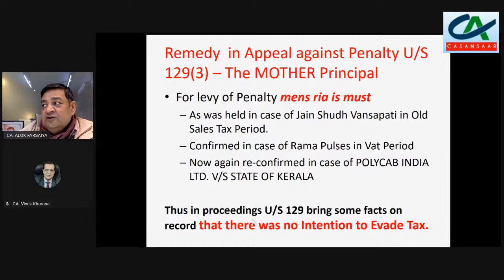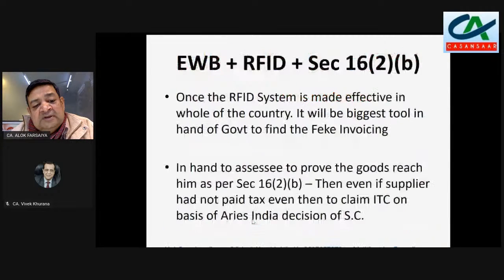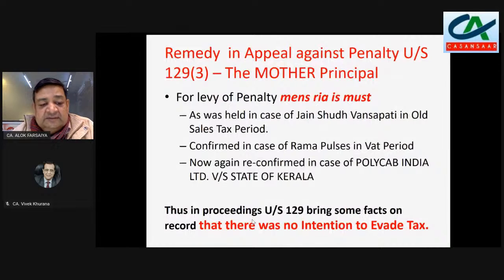This entire jurisprudence starts from the case of Jain Shuddh Vanaspati, which is a very, very old case, especially about the movement of goods on road without documents. From there, in the VAT regime, another case came with the name of Rama Pulses.